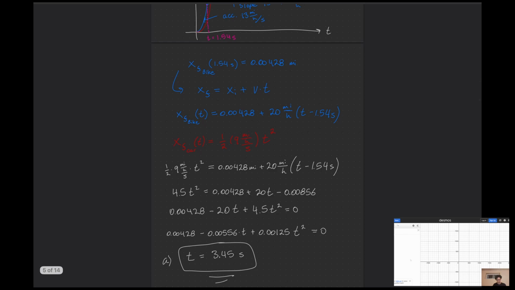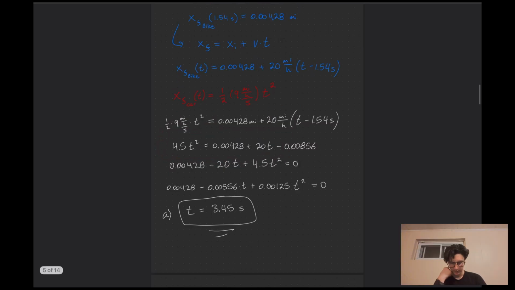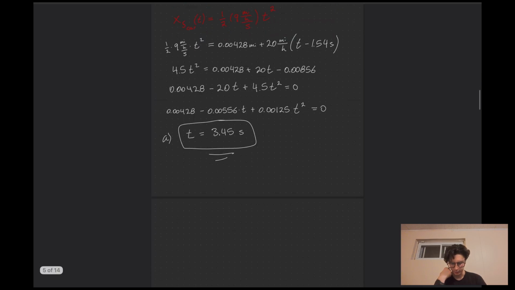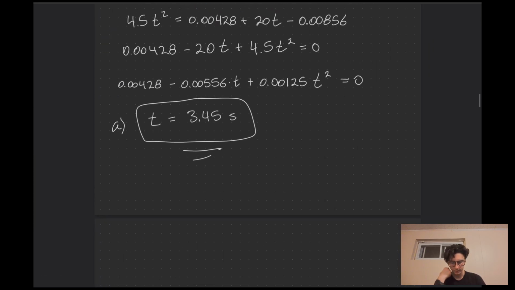Then I pulled in the position as a function of time for the car, which is still under constant acceleration. So the initial position and initial velocity are 0. And then we equate the two, make sure the units work out by dividing by 3600 in certain locations, and then solve the quadratic equation, and we get this over here.